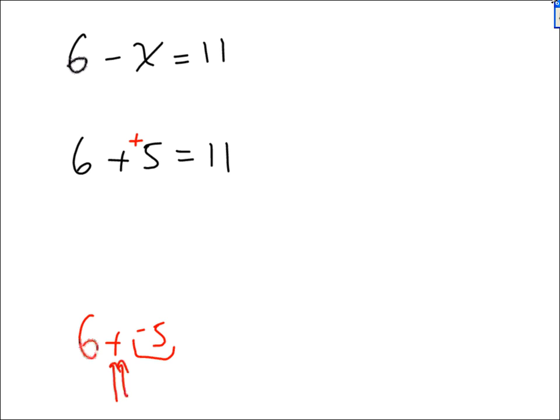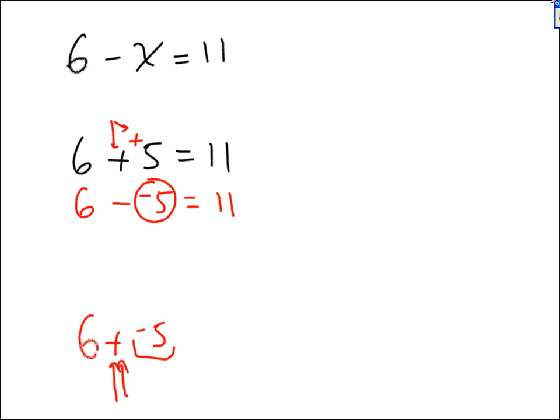Well, there's a rule that says that you can change both of those signs, regardless of what they are. One's negative, one's positive, they're both negative, doesn't matter. You can change both of them. Their subtraction becomes plus, and the positive 5 becomes negative 5. You get the same answer. That's what x is.